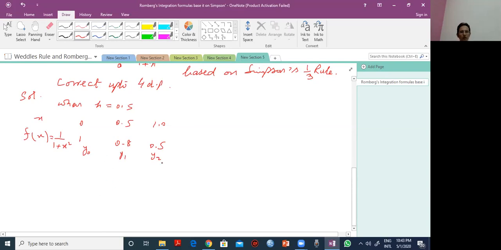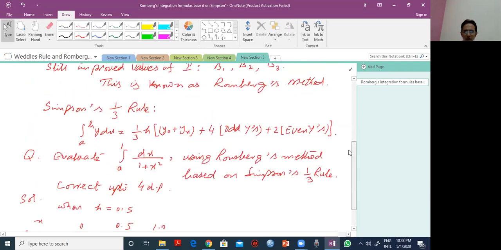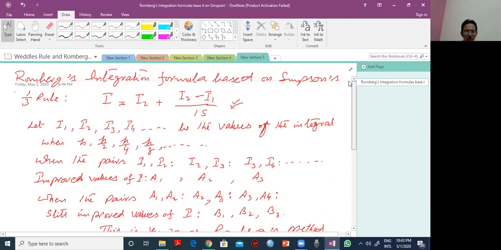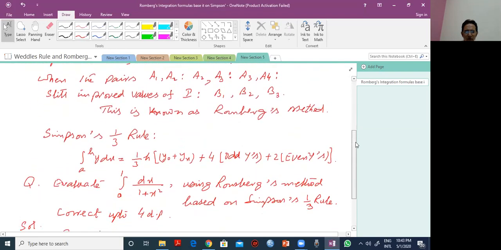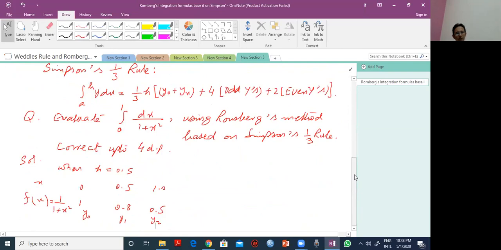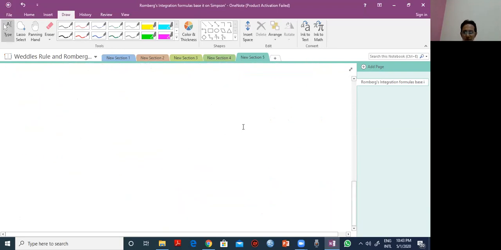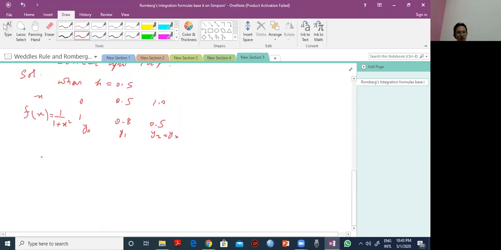When we apply the Simpson 1/3 rule, y0 plus yn, where the y2 value is called yn, when h is 0.5.